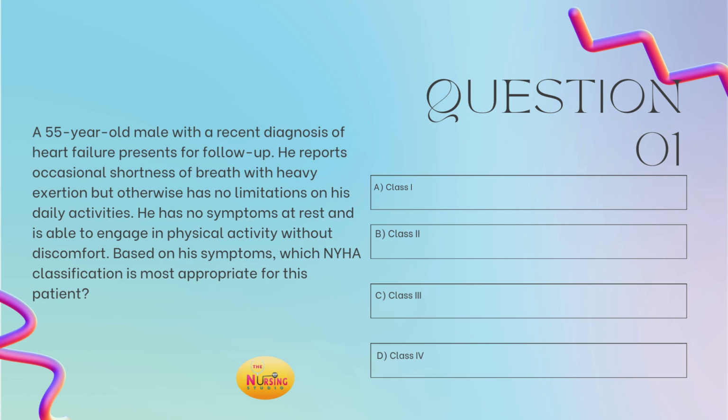That's class 1. Class 1, again, you have CHF, but you have no limitations with your ADLs and you have no issues at rest. So no issues or limitations with your ADLs, no issues or limitations at rest, okay?